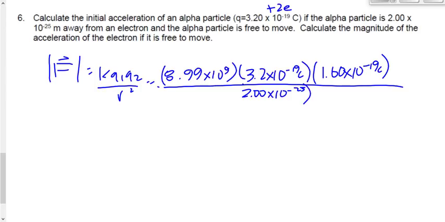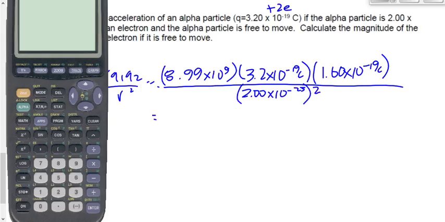I'm going to do this on the calculator again, and I'm going to ask you to take out your calculator and enter the same keystrokes. We want to avoid that times 10 to the whatever thing. Here's what you want to do. 8.99, second function, EE, 9.